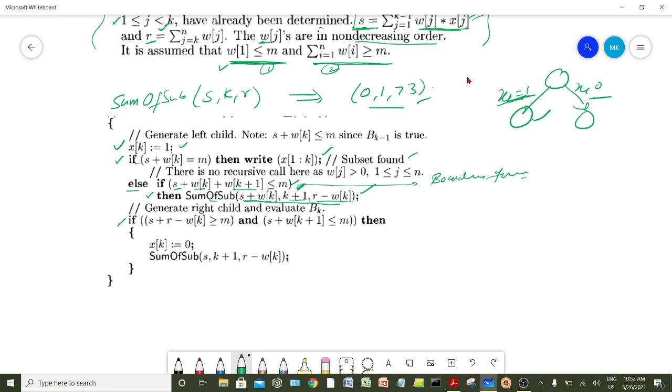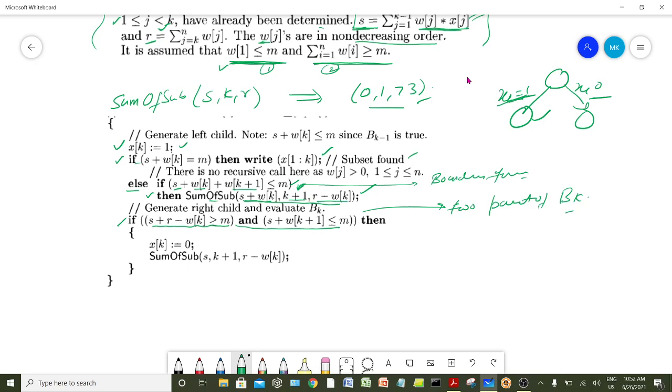So it is: if s plus r minus w of k is greater than or equal to m, and s plus w of k plus 1 is less than or equal to m. These two conditions again form two parts of our bounding function, that is B of k.